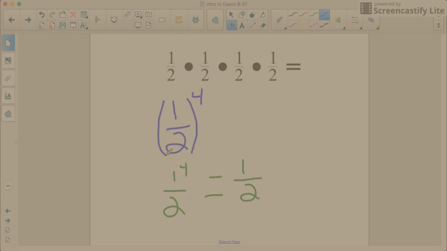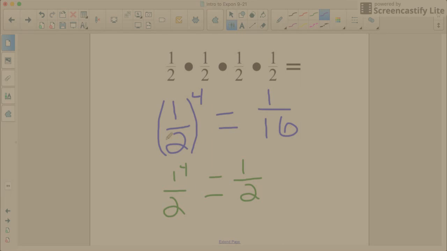So that will end up being 1/2 times 1/2 times 1/2 times 1/2, which will then equal 1 over, let's remember our fraction rule, 2 times 2 is 4, times 2 is 8, times 2 is 16, because we're multiplying straight across. So this answer, with our answer in the parentheses, we are going to have that be 1/16.